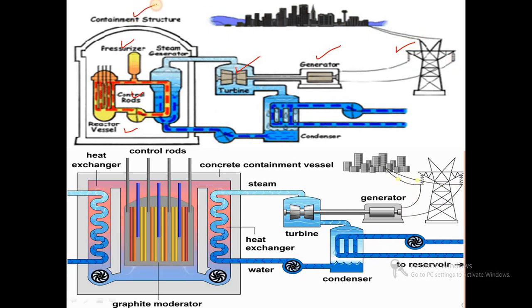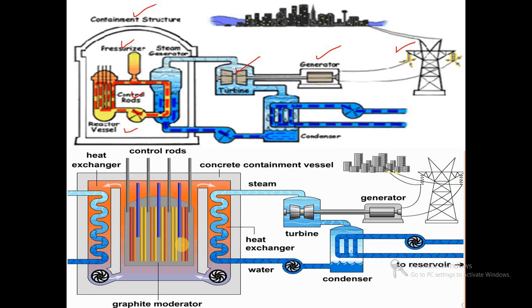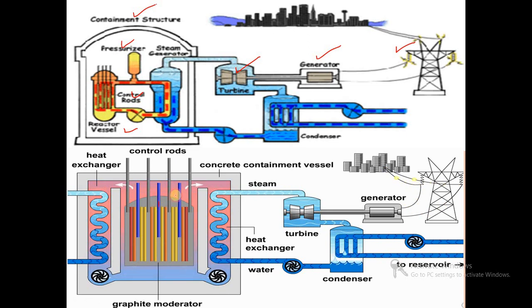This is a containment structure. Another diagram, an animation type, shows water circulation, then control rods, then steam generated, which passes through the turbine and generator, and electricity is produced, which is used for peaceful purposes.